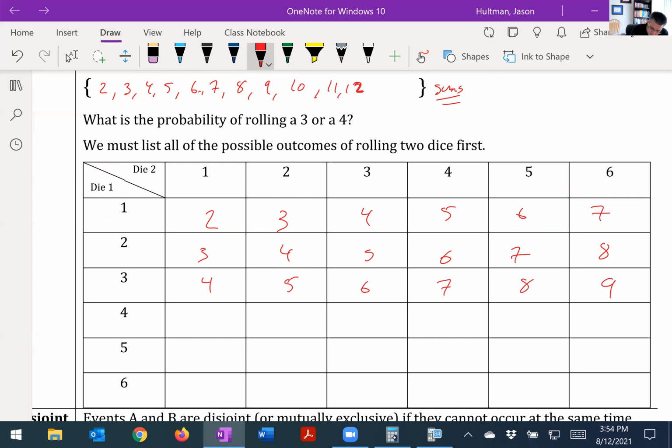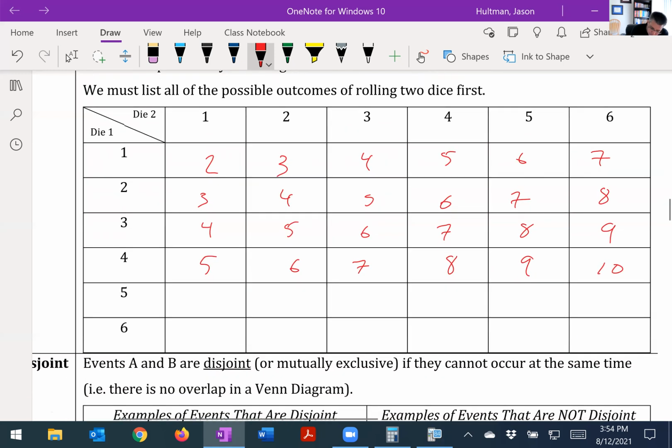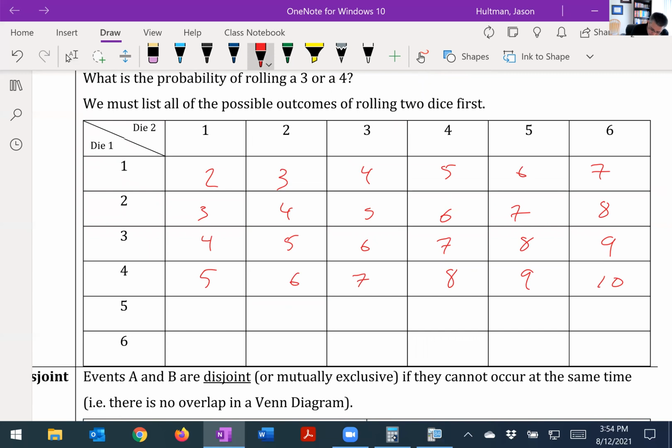If my first die is a 4, this is going to be 5, 6, 7, 8, 9, and 10. And if my first die is a 5, this is going to be 6, 7, 8, 9, 10, 11. And if my first die is a 6, paired up with all the other possible outcomes for the die, this is going to be 7, 8, 9, 10, 11, and 12.